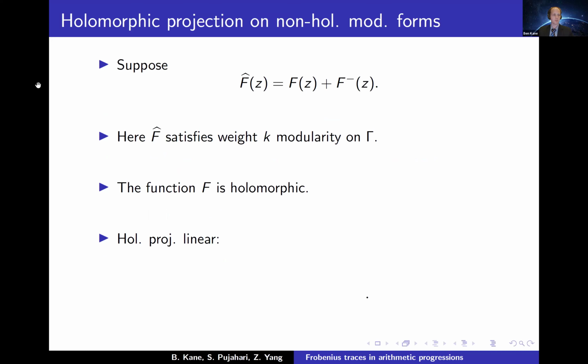So suppose we split some function into a piece that is modular, a piece that is holomorphic, and another piece that is not modular and not holomorphic. If I can compute the holomorphic projection on each of the pieces, then because it's a linear operator, I can compute all the things that I want.